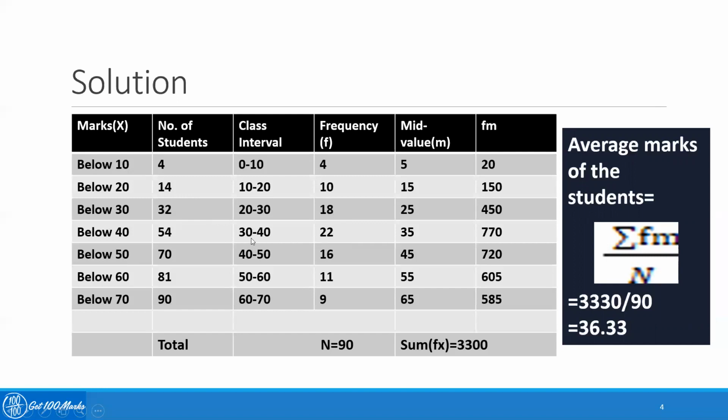Following the same procedure, 30 to 40, the frequency will be 54 minus 32, which is 22. 40 to 50, it will be 70 minus 54, which is 16. 50 to 60, we'll get 81 minus 70, which is 11. And 60 to 70, we are getting the frequency as 90 minus 81, which is 9.